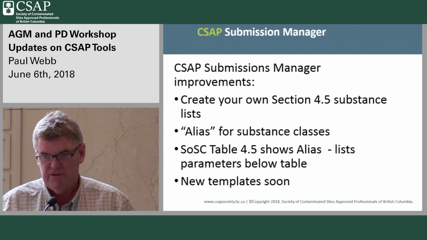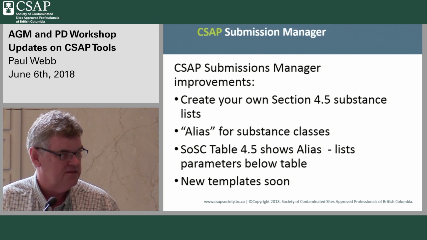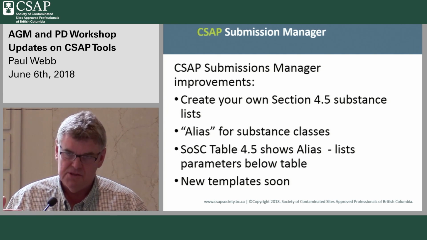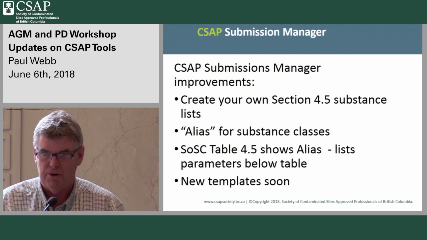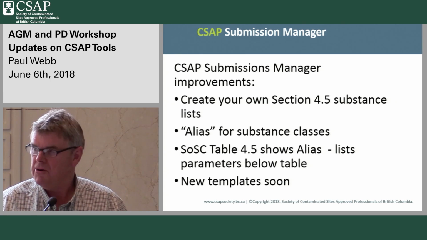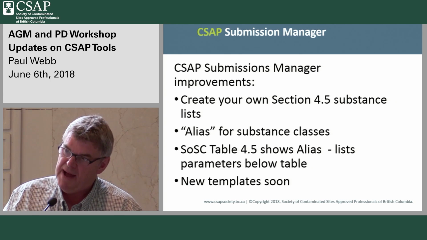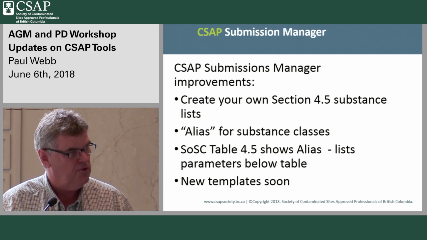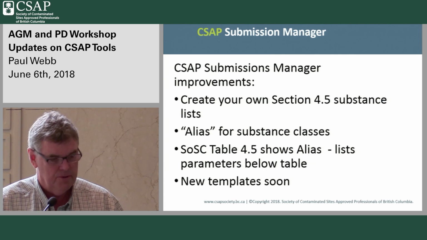So if you have a particular lab that gives you a list of VOCs, let's say, and maybe that changes depending on the lab that you're using, but you're always submitting VOCs or petroleum hydrocarbons, you can create lists of those so that when you go back to do your next one, those are just a click and they're all entered for you.